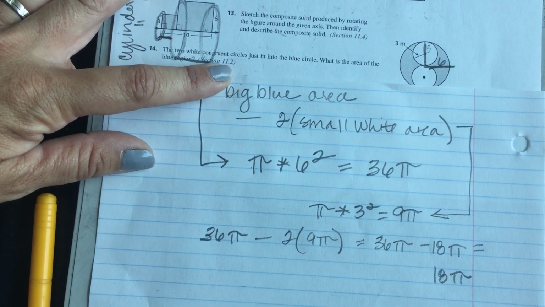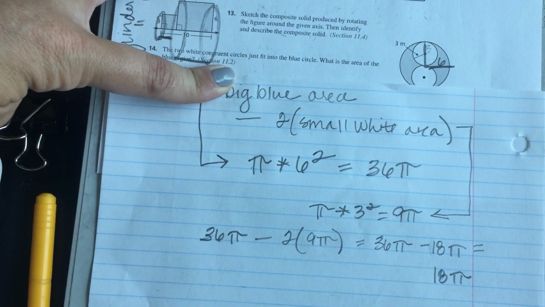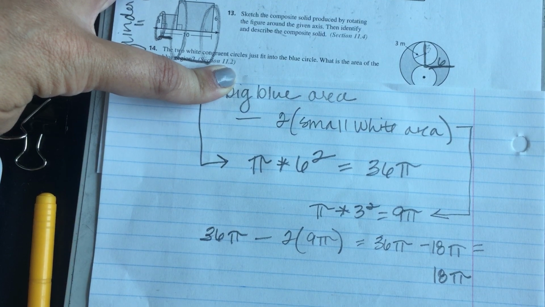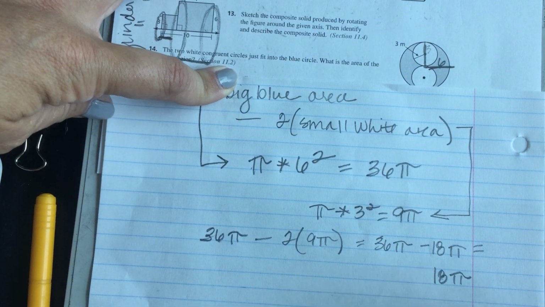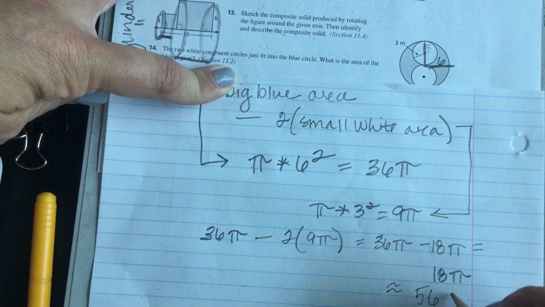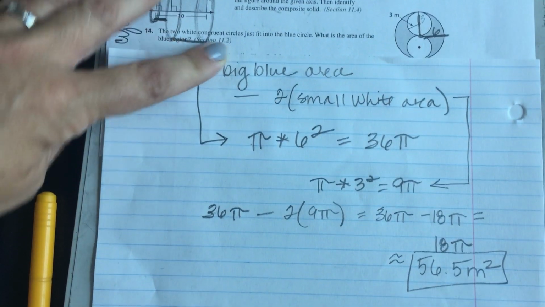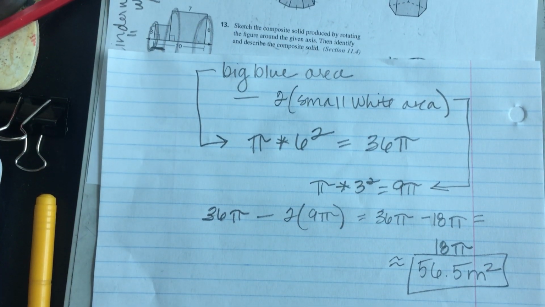That's going to be 18 pi. You see, I'm just counting pi's. Now I can go and say, what is 18 pi? In the end, final answer is going to be that the area is about 56.5 square meters. About 56.5 square meters for that one.